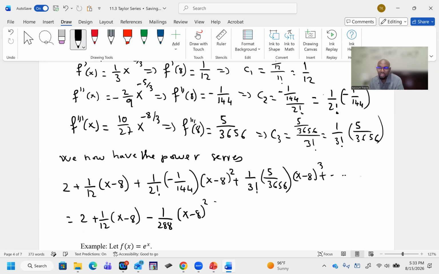And then use your calculator: 3 factorial is 6, and 6 times 3456 will be 20,736, so 5 over 20,736 times (x minus 8) to the power of 3, and then plus, and so on. That's it.